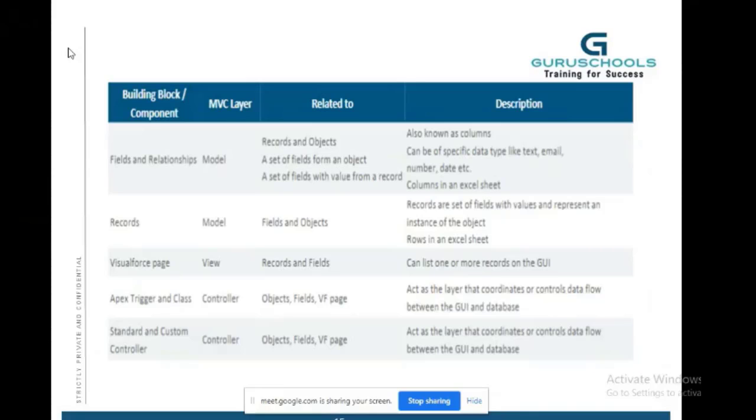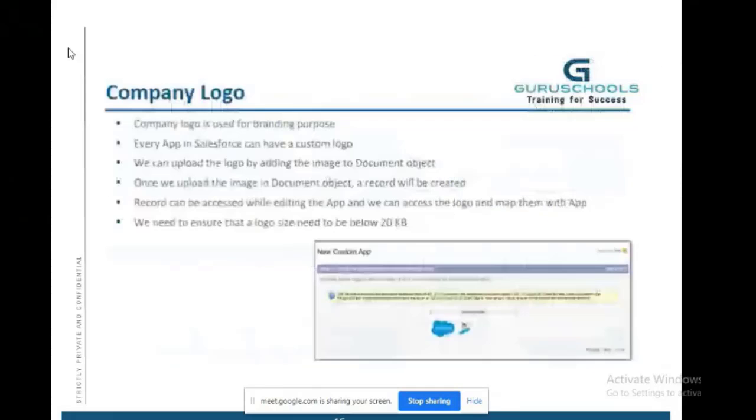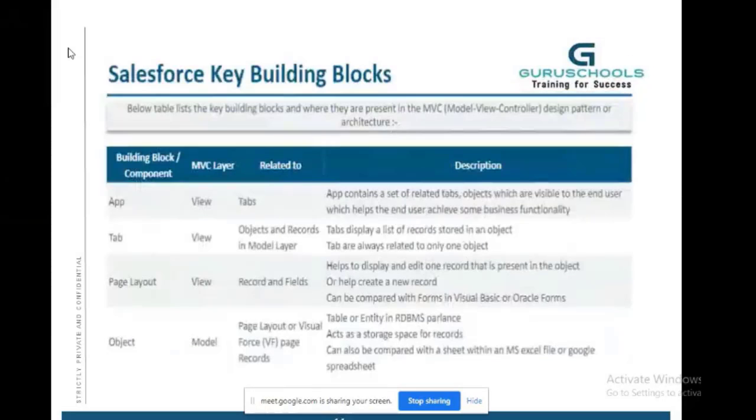If out of 6, 4 resign and go away, the mall will not be hampered. If the mall is closed, then the 6 will be hampered. So it's an example of field and relationship, or master detail relationship. We will also come across Visualforce pages, Apex triggers and classes. It's a development part, but we will get the overview.